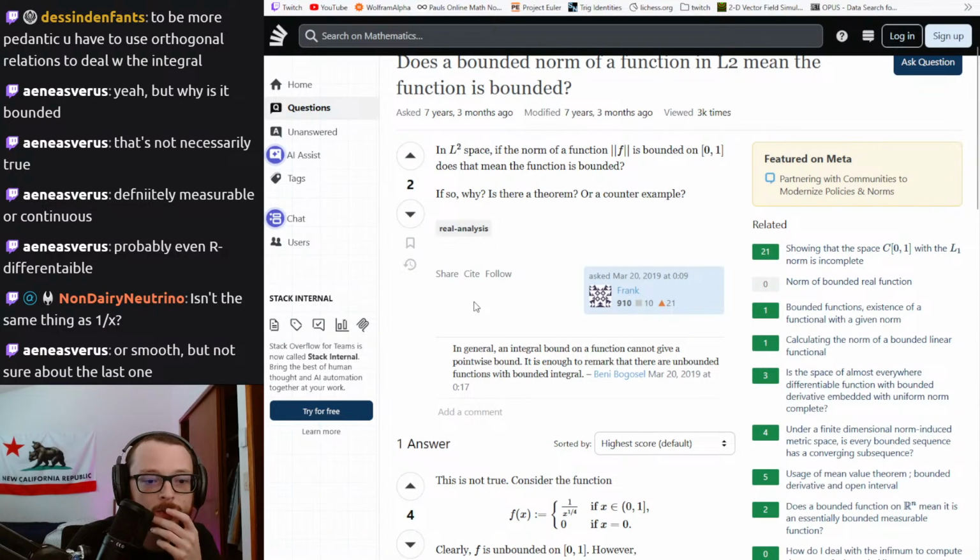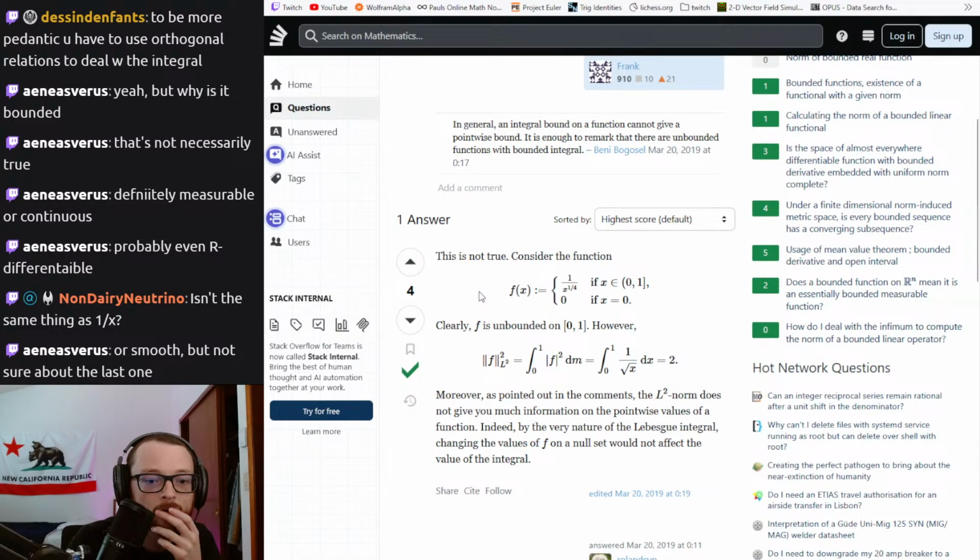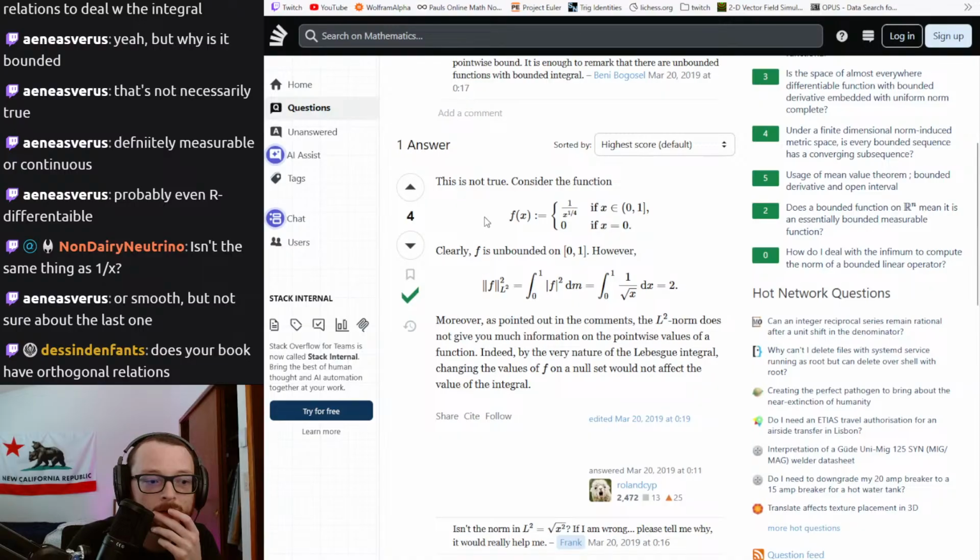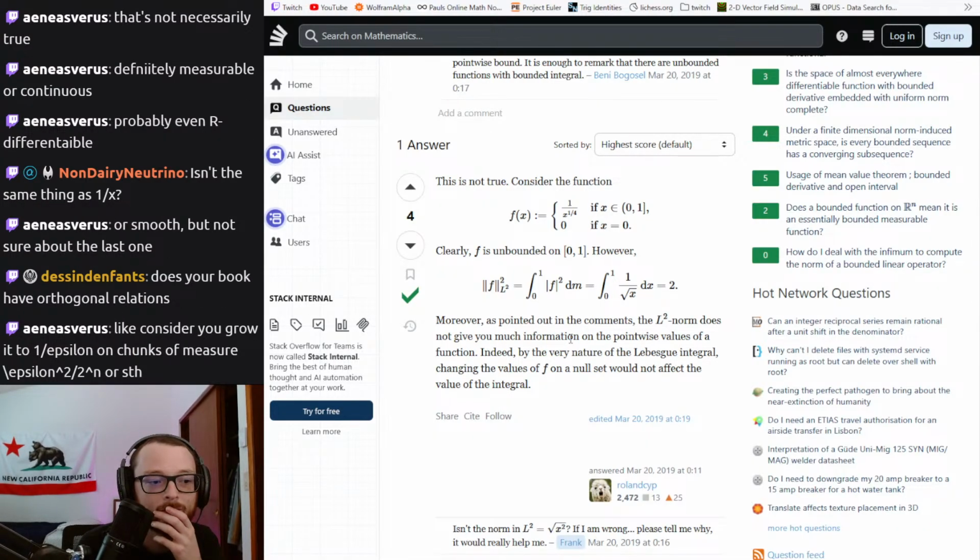It has to be differentiable. No, it's not going to talk about orthogonal relations. Well, that's annoying. I think it's 1 over x. I mean, we know it's entire, though. So something like 1 over x shouldn't be allowable.